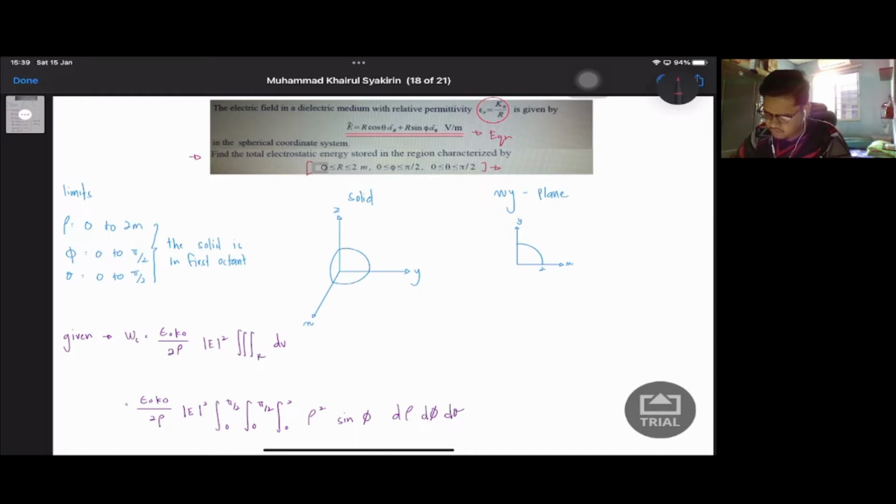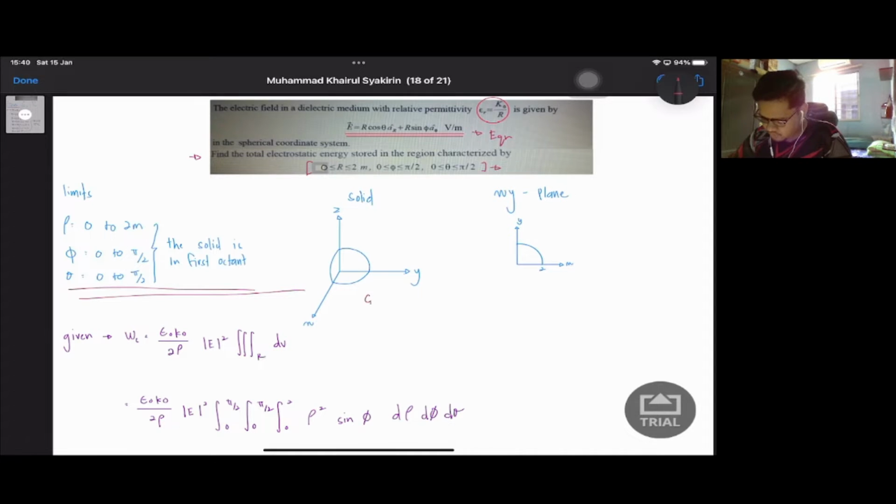The given limit is rho from 0 to 2, phi from 0 to pi over 2, and theta from 0 to pi over 2. We wrote the limit here. From there we know that the solid is in the first octant, which is x, y, and z in positive values.